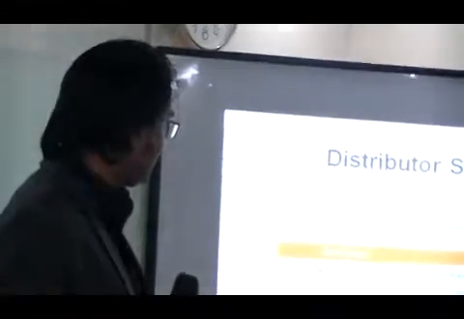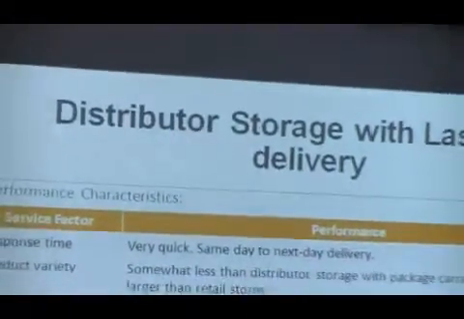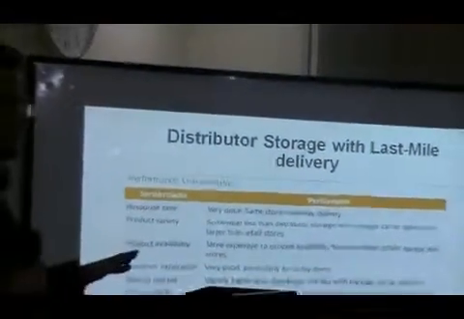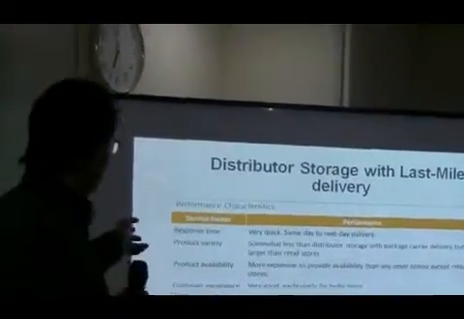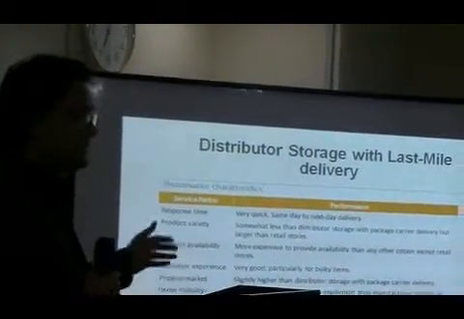As you can see, the time to market is slightly higher than distributed storage, because it needs to penetrate deeper.